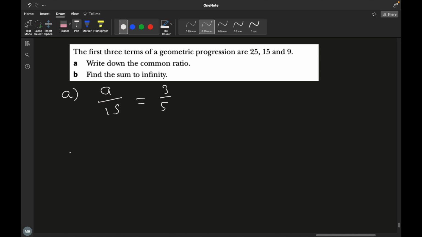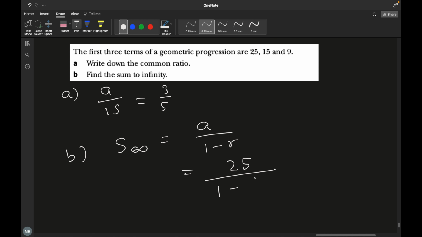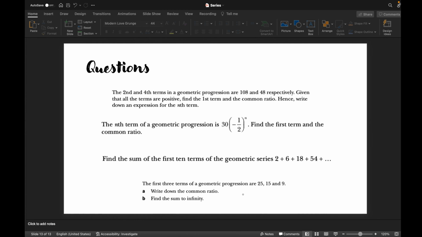And if we want to find the sum to infinity, we do this: a divided by 1 minus r. a is 25 divided by 1 minus 3 by 5. We get 62.5. So this is the answer.